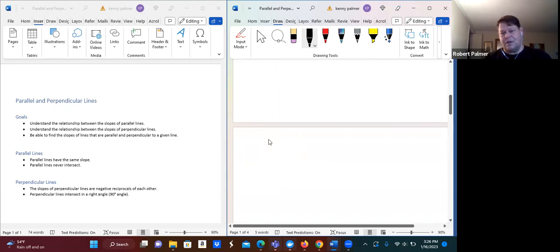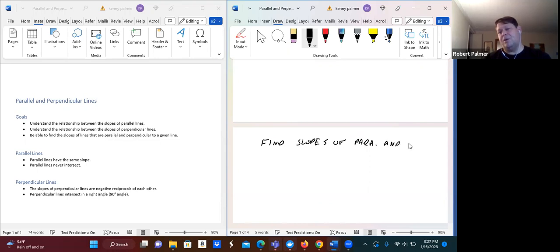In these examples we're going to find the slopes of parallel and perpendicular lines.